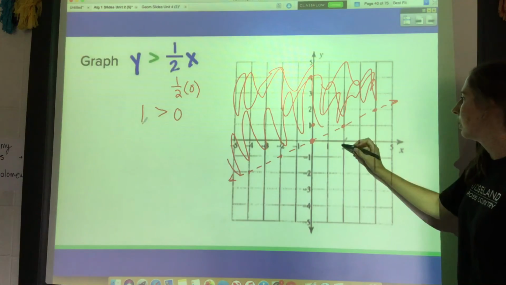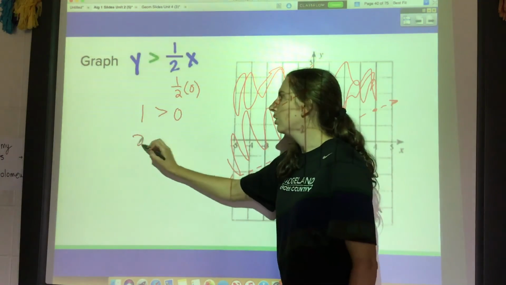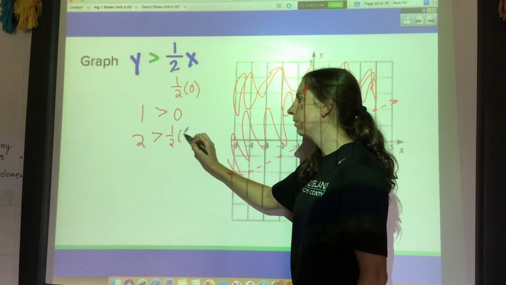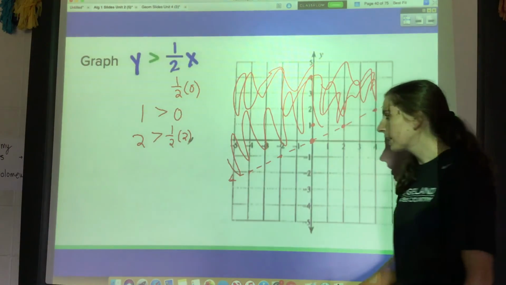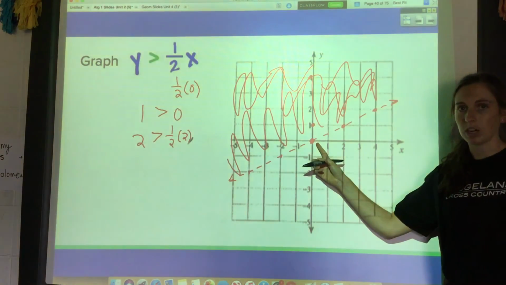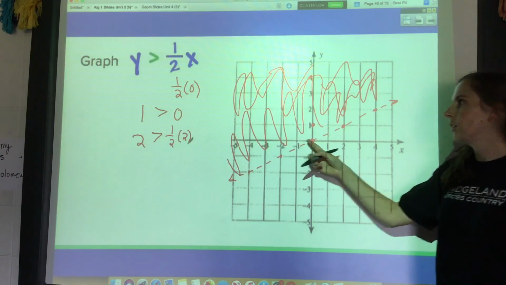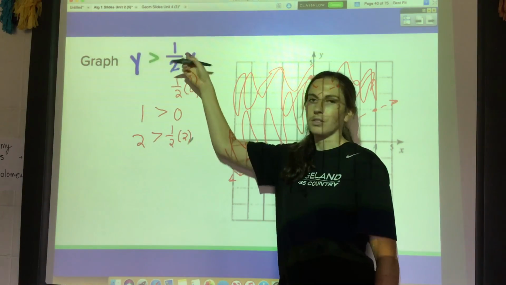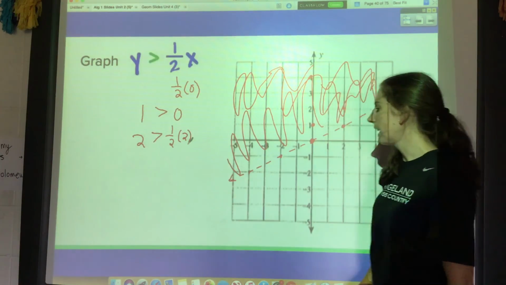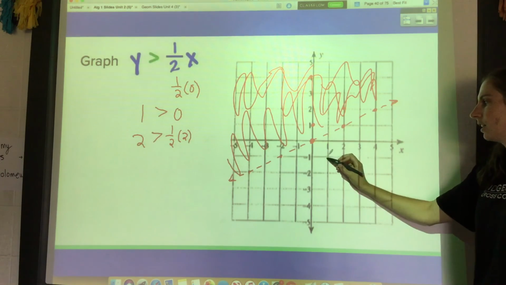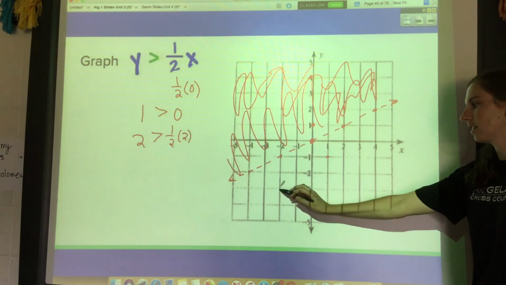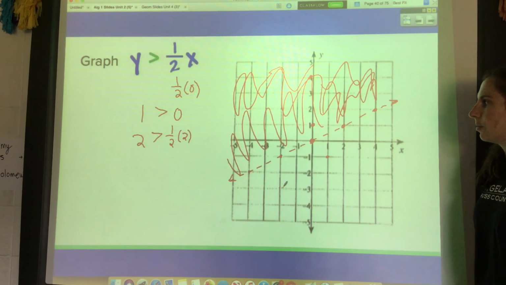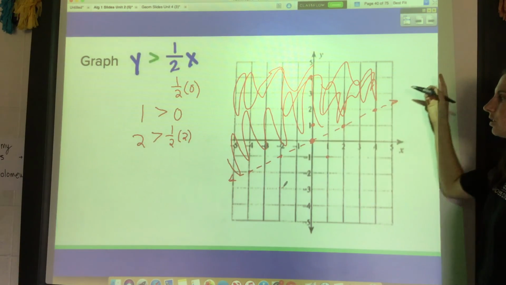Or like (2, 2). Is 2 greater than half of 2? Yes. But if you pick something on the line this time, it's not going to work. Like (0, 0). 0 is not greater than half of 0. They're equal, but it's not greater than. Or if you plugged in a point below the line, it wouldn't work. So that's my answer on that one.